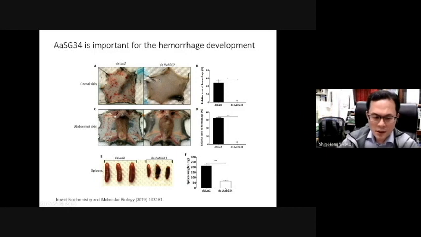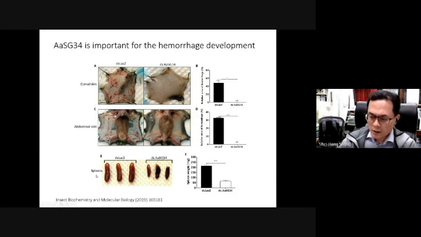So here we can see that a severe hemorrhage developed in both dorsal and abdominal skin in the mice that are inoculated with saliva from infected control mosquito. However, the mice that are inoculated with saliva from infected AASG34 silencing mosquito did not develop a hemorrhage in both skin regions.